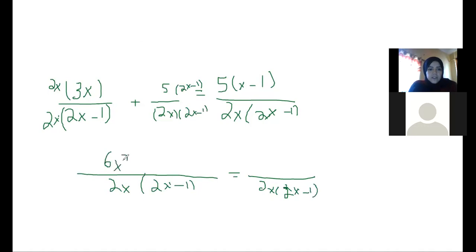Very good. Plus 10x for the 5 multiplied by 2x. Then we multiply 5 by minus 1, minus 5. Very good. Excellent. And then the other one we write normally, 5 into x minus 1, which is 5x minus 5. We can do it, right?